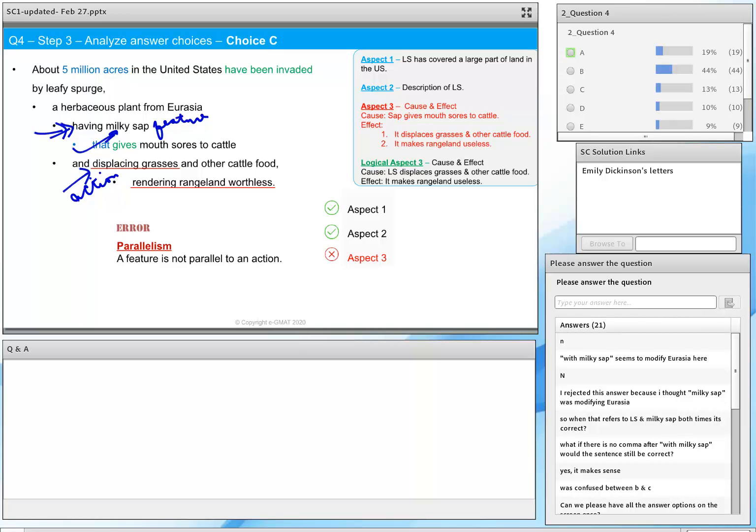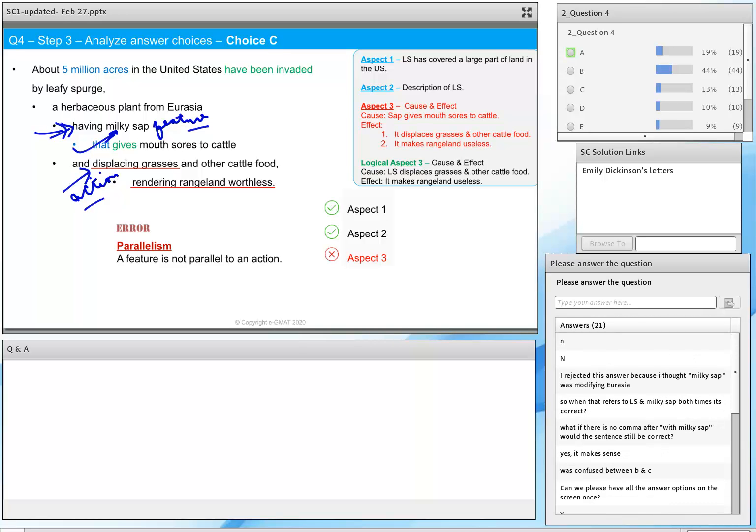So these two things are not equitable in terms of logic. That's why this choice is not correct. And of course, we have an issue with this one because rendering should be modifying or presenting the result of this action, and it can only do so if this action is written as a verb. So choice C is also incorrect.